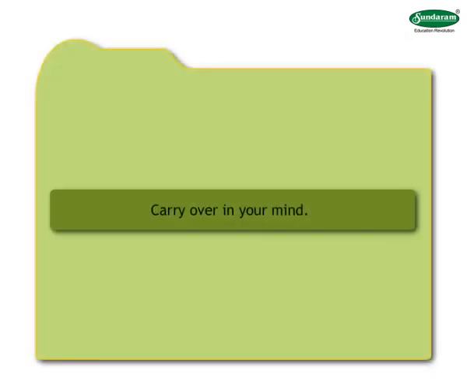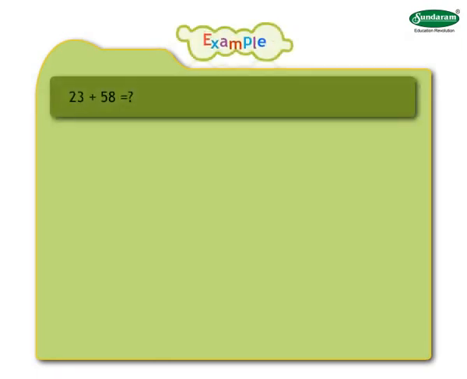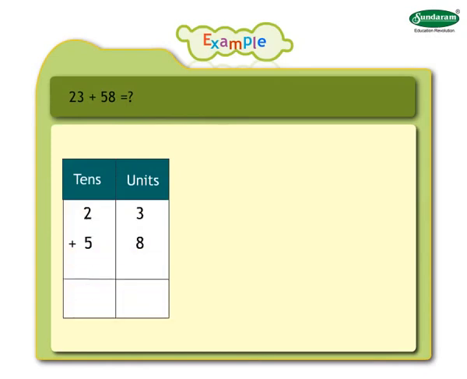Instead of showing the carried over tens, add and carry over in your mind. For example, 23 plus 58 is equal to what? Solution. Arrange the numbers vertically. In units place, 3 plus 8 is equal to 11 units.